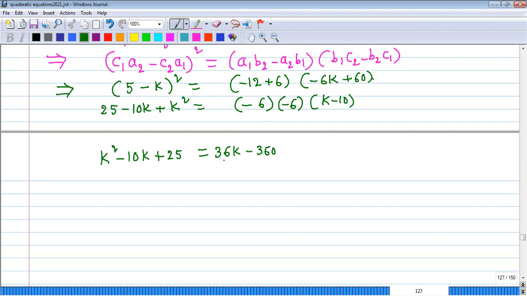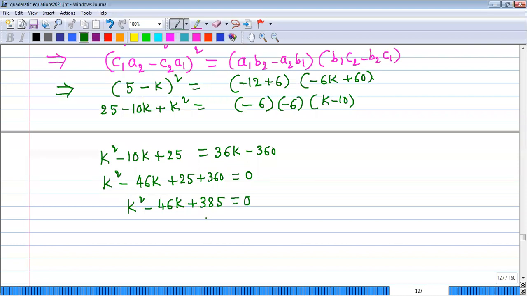Now transpose 36k and minus 360 to this side. So we have k square minus 10k minus 36k, minus 46k plus 25 plus 360 equal to 0. So now k square minus 46k plus 385 equals 0.